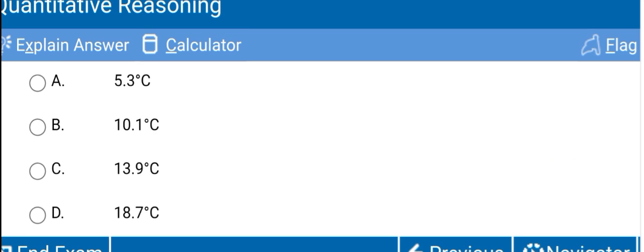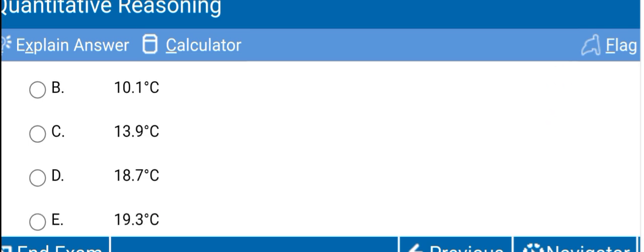Option B, 10.1 degrees centigrade. Option C, 13.9 degrees centigrade. Option D, 18.7 degrees centigrade. And option E is 19.3 degree centigrade.